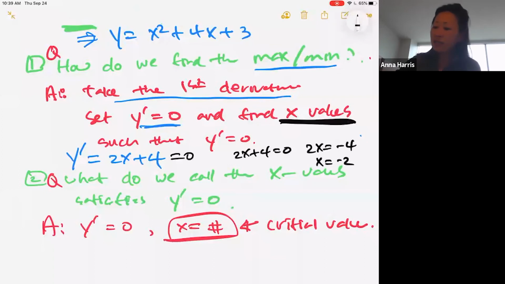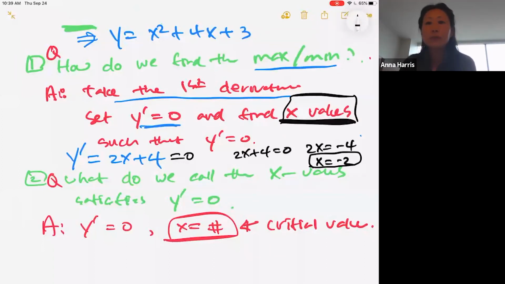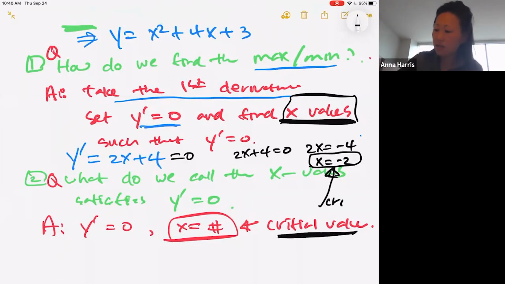All right, then I just found that special x value, x equal to -2. This -2 has a special name. What's that special name we call? Called critical value. So we call this critical value.